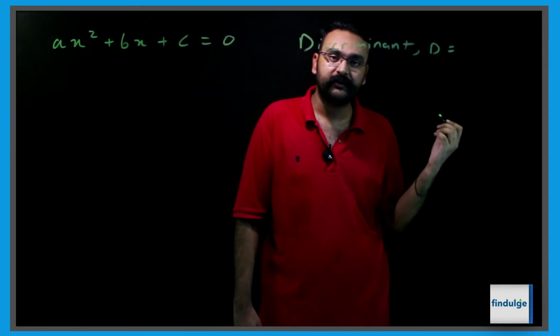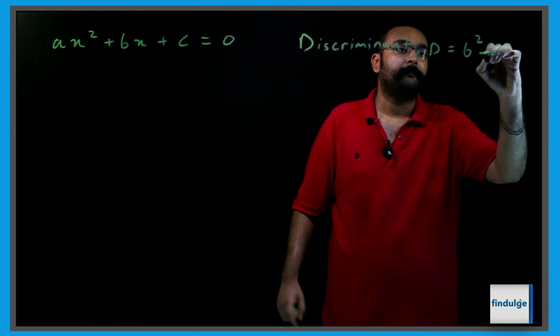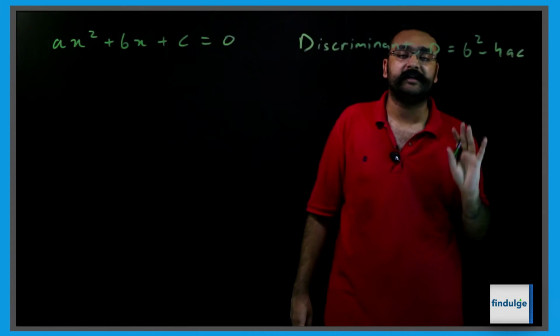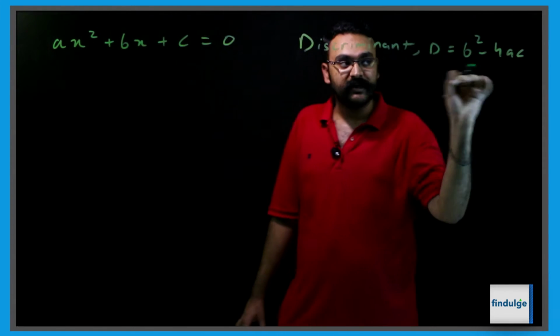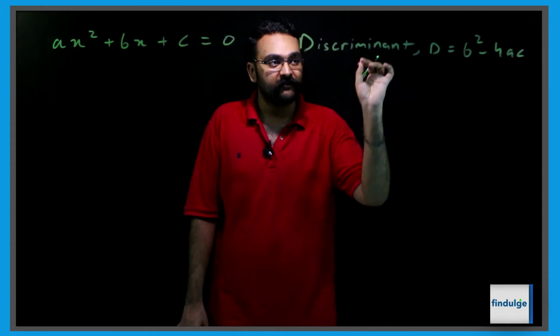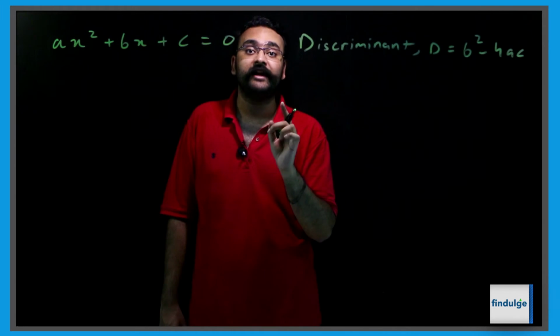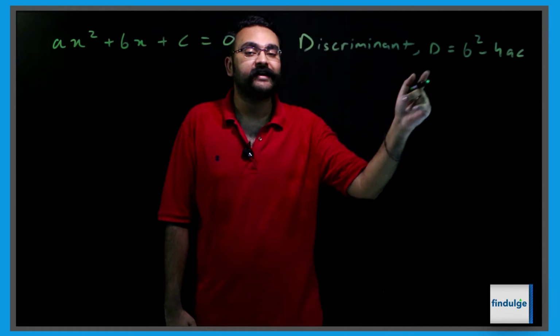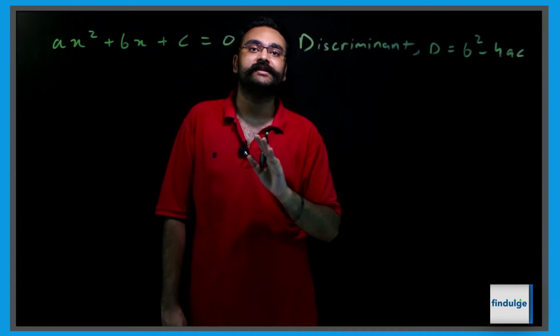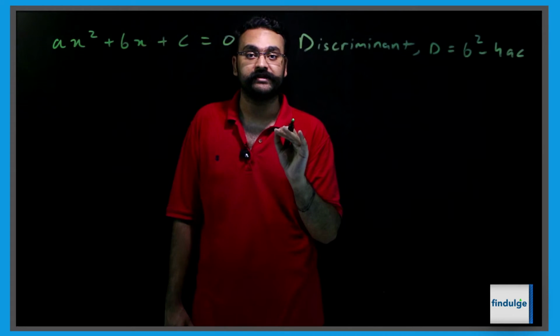And your discriminant is equal to b squared minus 4ac. This is your discriminant. You will calculate this. If this comes out to be positive or 0, then you will proceed.